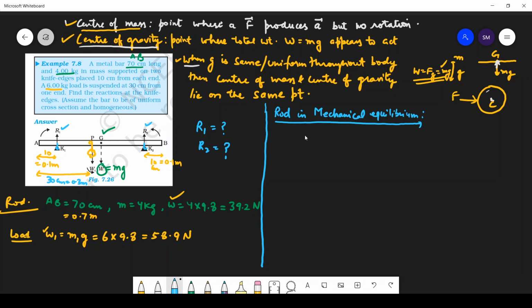So rod in mechanical equilibrium means the rod is in translational equilibrium. So for translational equilibrium, we have the net forces.